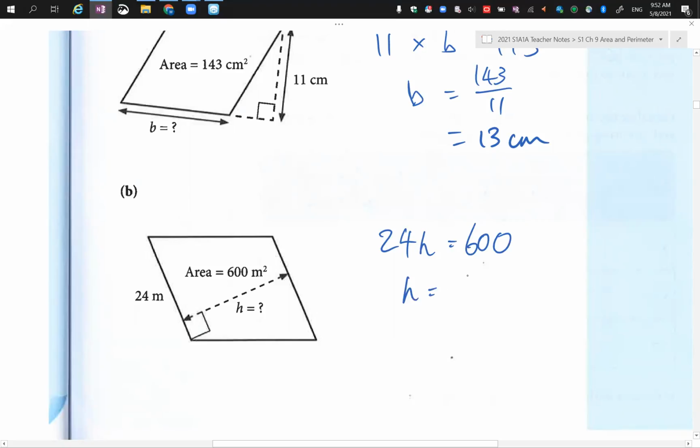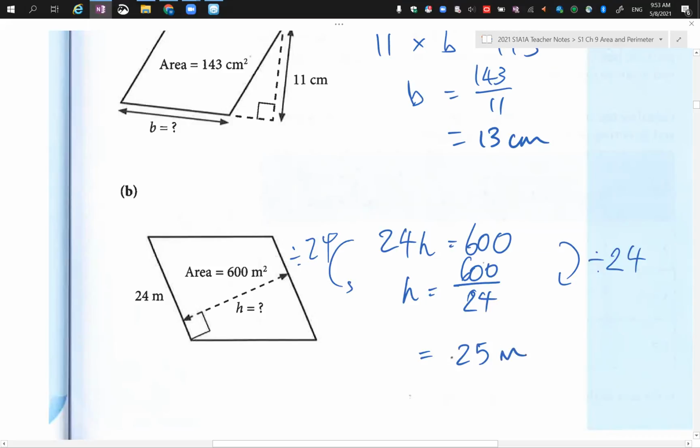Okay, so what do you write? 24 times 25, 624.